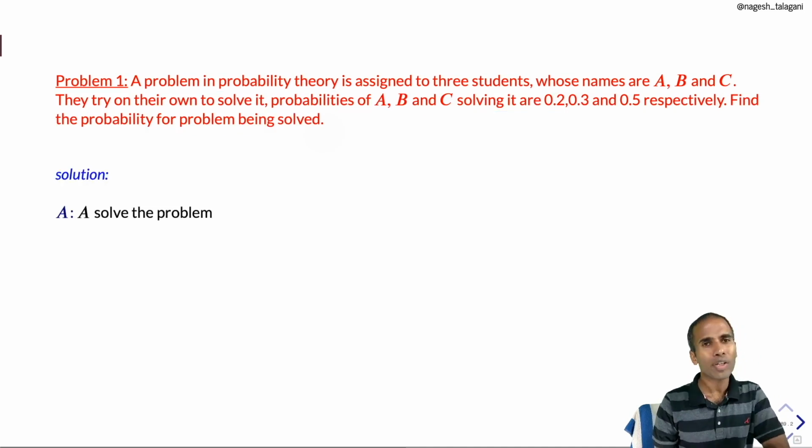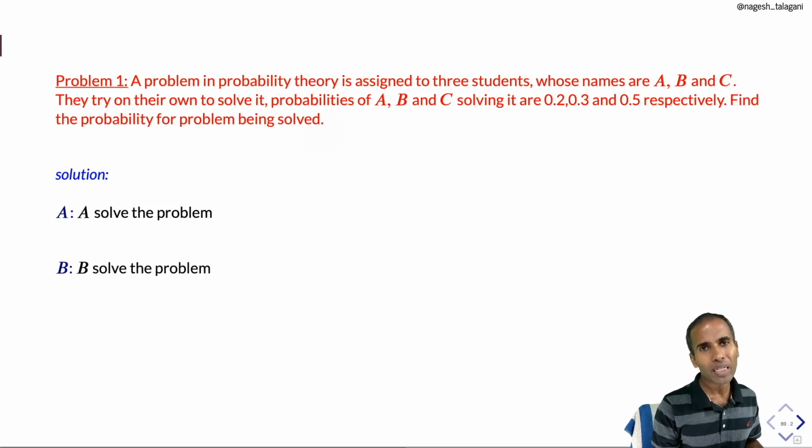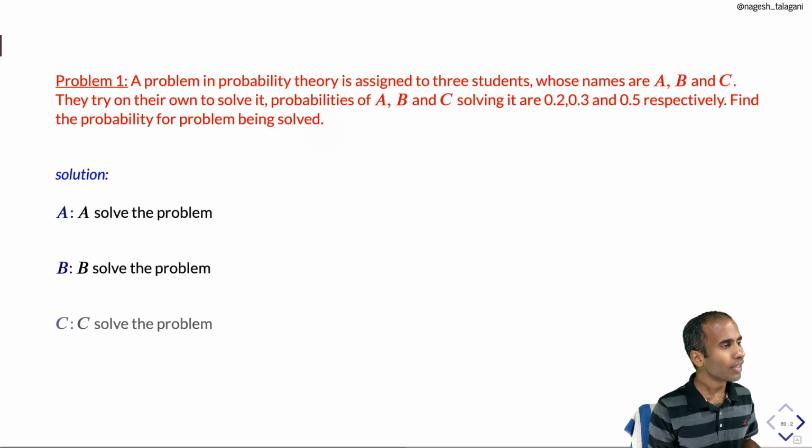Let A denote the event that A solved the problem, B denote the event that B solved the problem, C denote the event that C solved the problem. Here the probability of A is 0.2, probability of B is 0.3 and probability of C is 0.5.